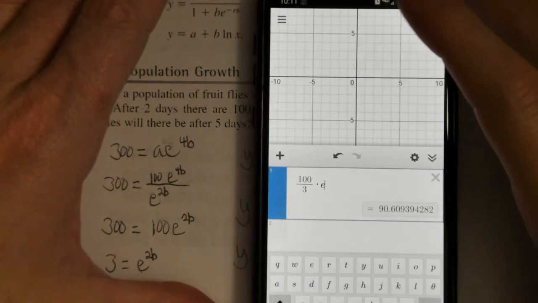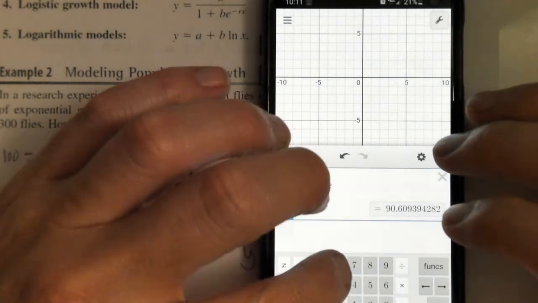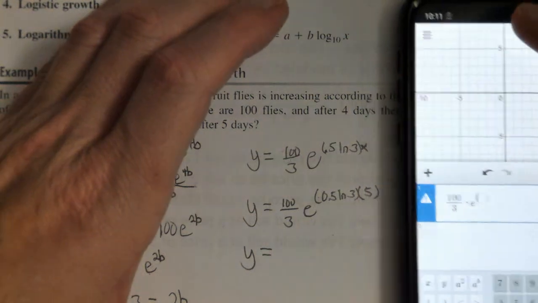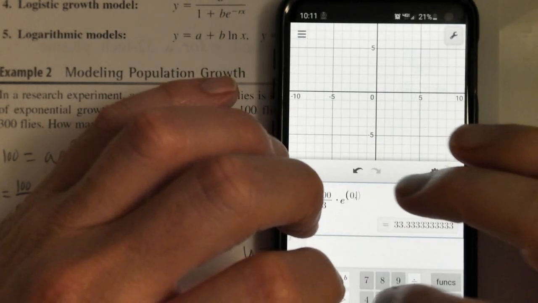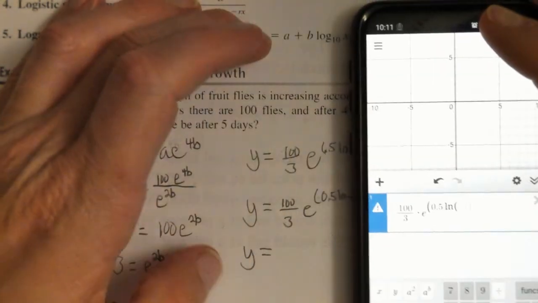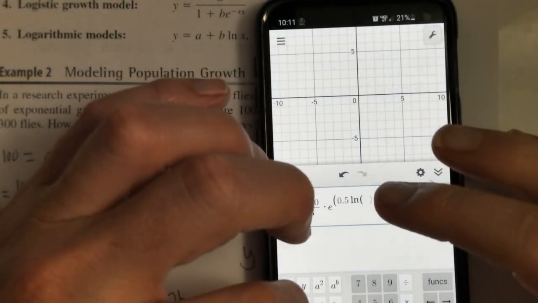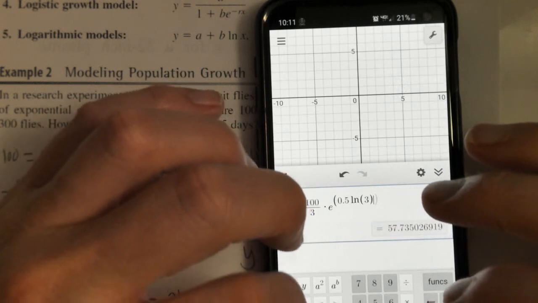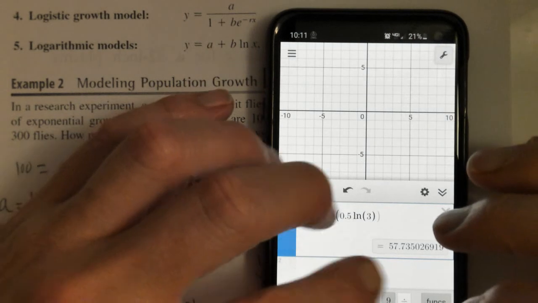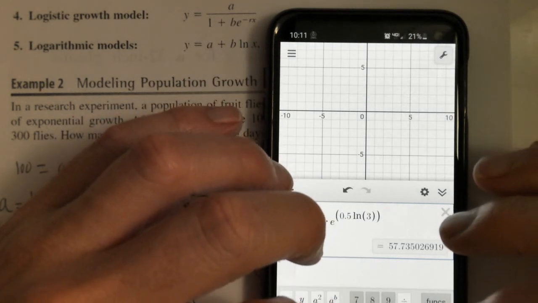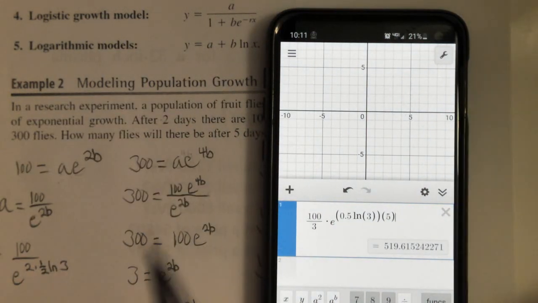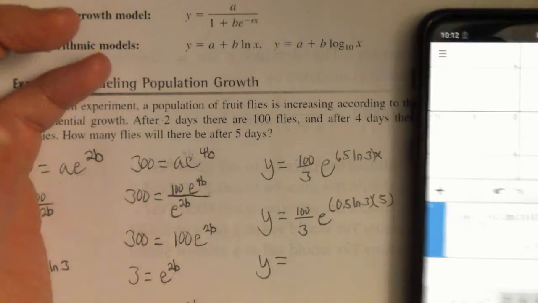And that's going to be e raised up to the 0.5 natural log of 3, close, again, open 5. Alright, and so there you go. It's 519.62.